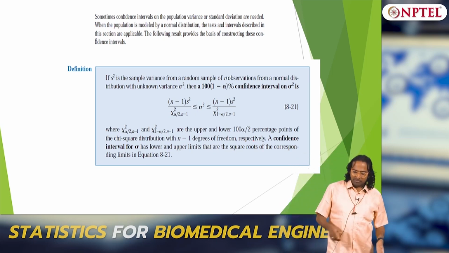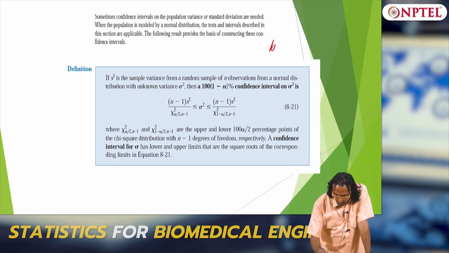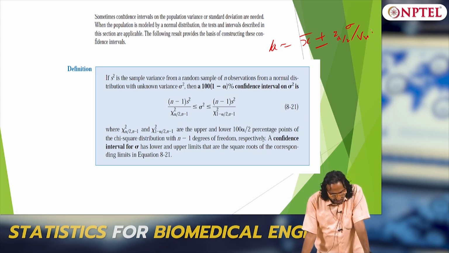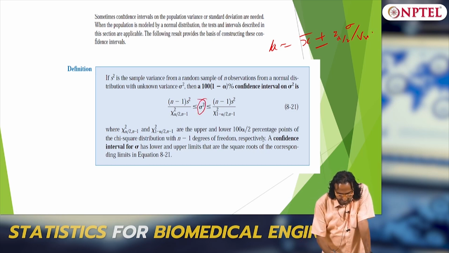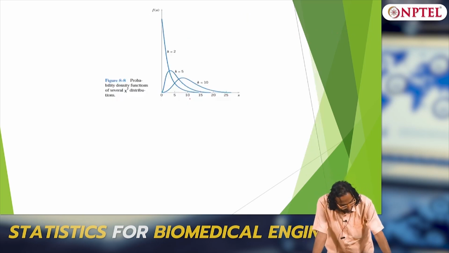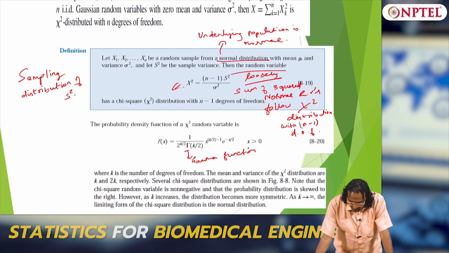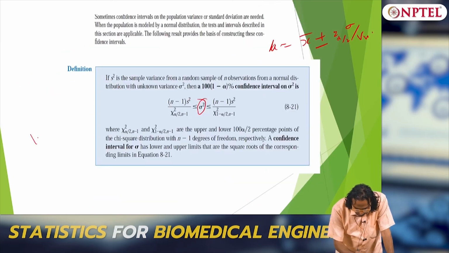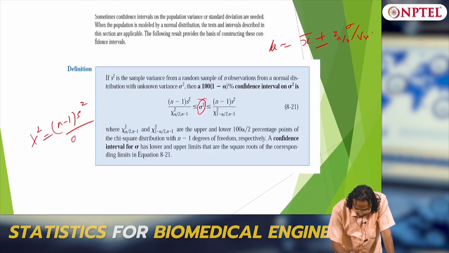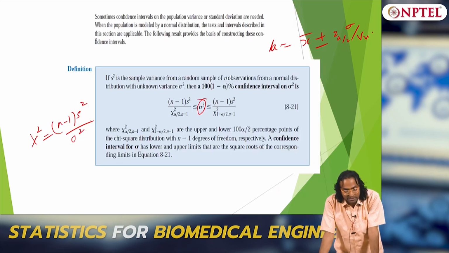We gave the confidence interval for mu equals x bar plus or minus z alpha by 2 into sigma over root n. So, now similarly we are going to give a confidence interval for sigma squared. Okay. So, what is this? Chi squared equals n minus 1 s squared by sigma squared. So, what is the confidence interval I should give?